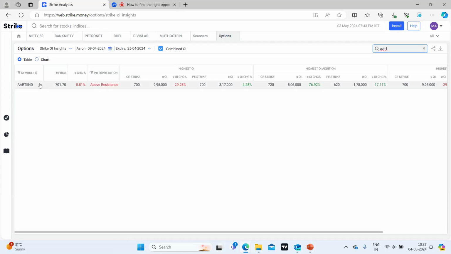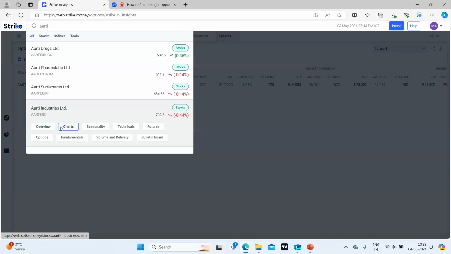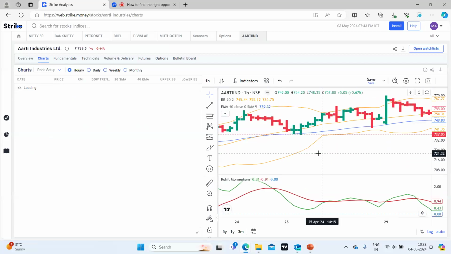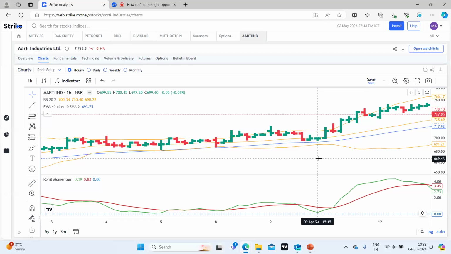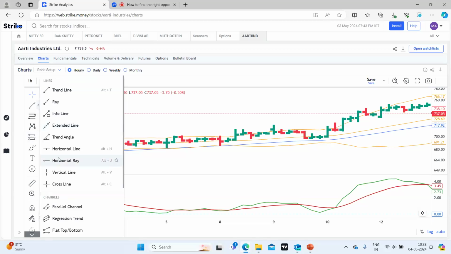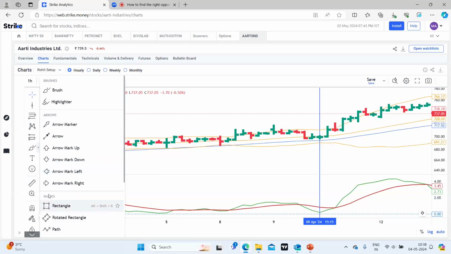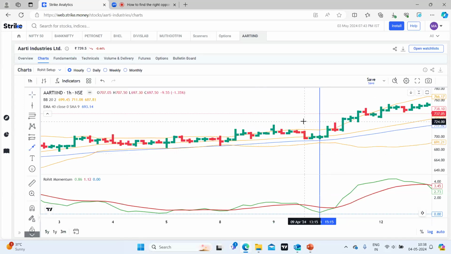If we go to the chart, this is the 9th April closing, this is the closing price, right. Next morning, now I have identified this using the options data. Next morning, early widening of Bollinger Bands, right?